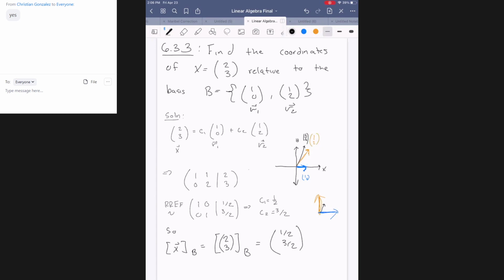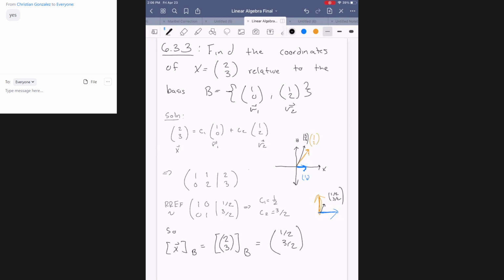So somewhere around there, it'll be 1/2, 3/2 in these new coordinates. So that's all that really means. Okay.